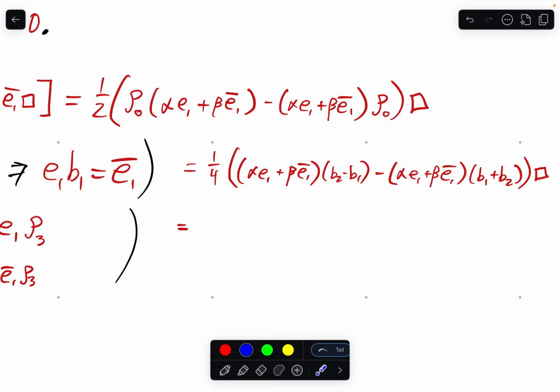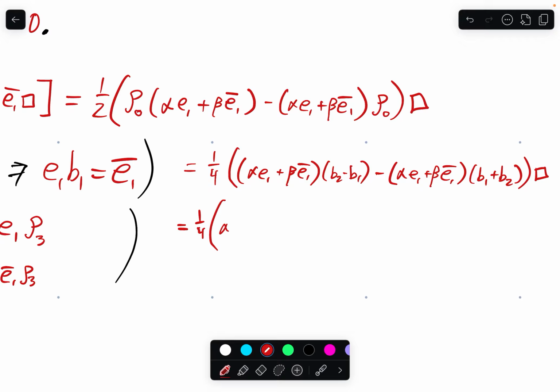And call it this term, this, and this will combine. This, and this will also combine. Wait, hang on. So I'll just multiply this out. 1/4.